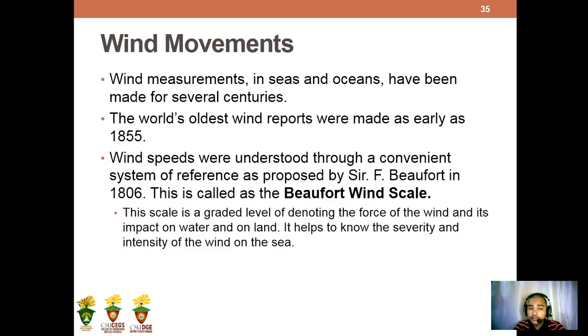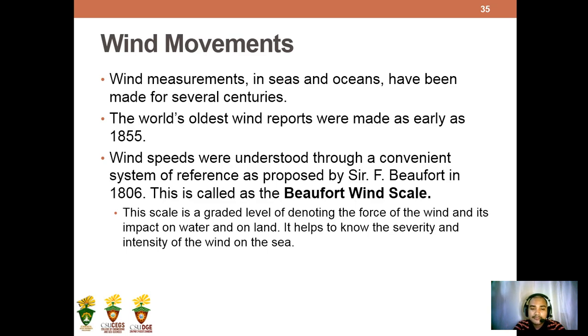Talking about winds, wind measurements in seas and oceans have been made for several centuries. Since long ago, they have tried measuring the winds, specifically in oceans and seas. And we have the world's oldest wind reports, made early in 1855.